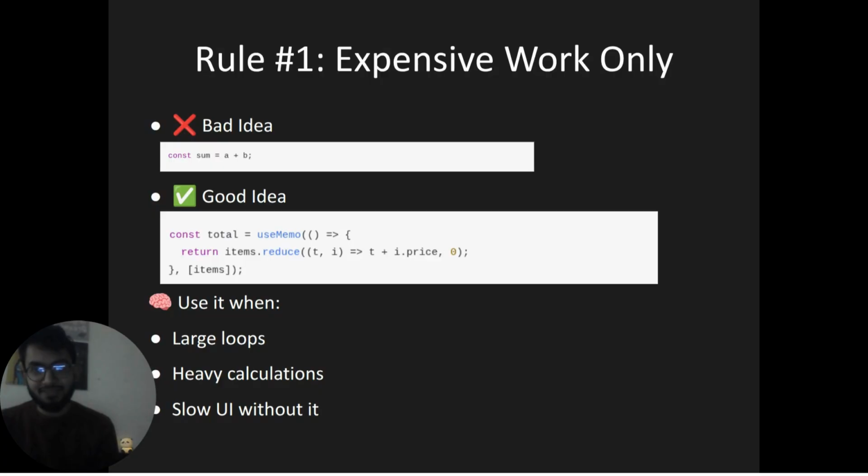The good idea is to use useMemo for expensive operations. Here you can see we are using useMemo for items.reduce, which is a total calculation. So you should use it when you are working with large loops or heavy calculations, or when the UI is slow without it. If it's a heavy calculation and you don't use useMemo, then the UI will render very slowly.